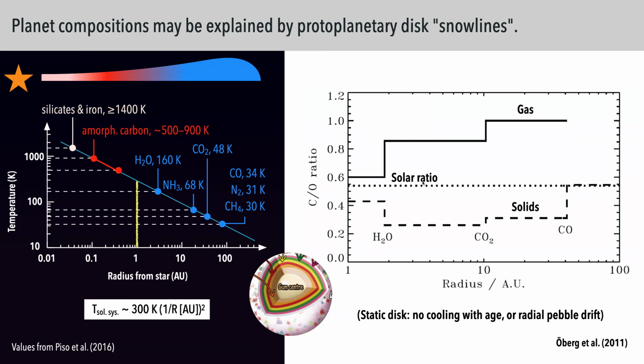So a lot of people who study exoplanets will characterize atmospheres by what sort of carbon to oxygen ratio they have in their atmospheres. So essentially you can get different types of planets that form in different parts of the disks based on what we think this map looks like.